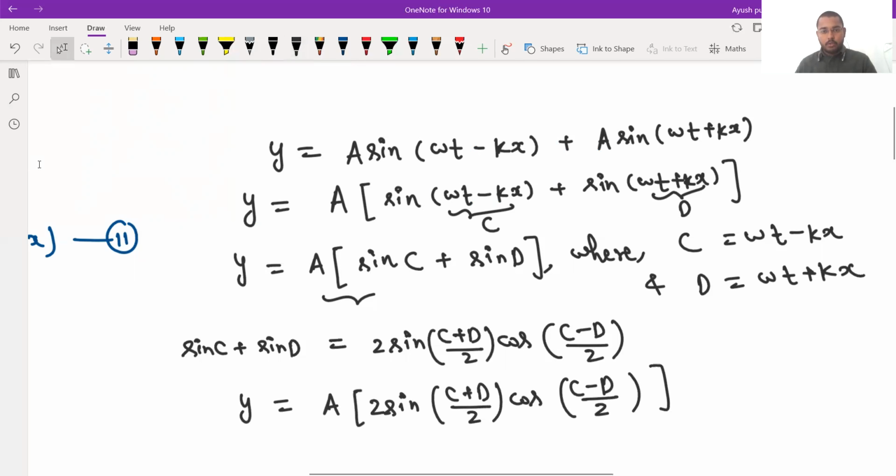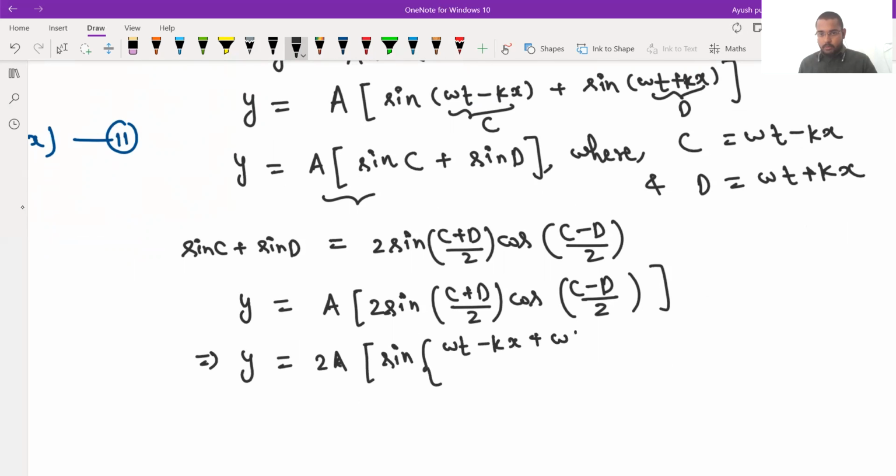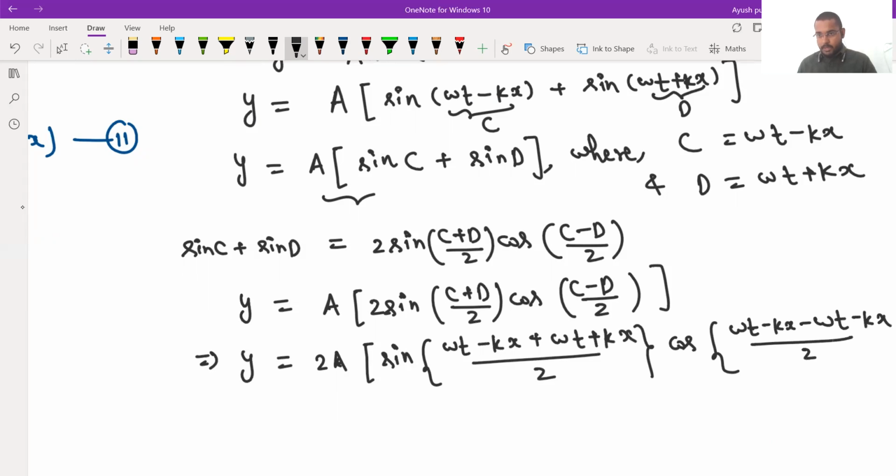Take 2 outside, so this will be 2a sin. Now put in the values of c and d that we assumed: c is ωt − kx and d is ωt + kx, divided by 2, and then cos of (c − d) divided by 2.